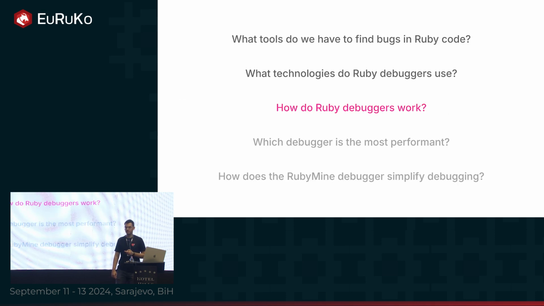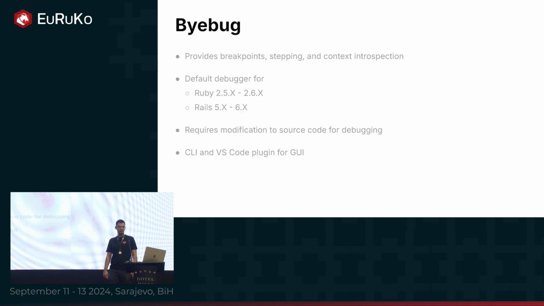That's basically it about technologies for Ruby debuggers. And let's move to the next question. How do Ruby debuggers work? First, I would like to start with the Byebug debugger. It's pretty well known. It provides all necessary features like breakpoints, stepping, and context introspection.